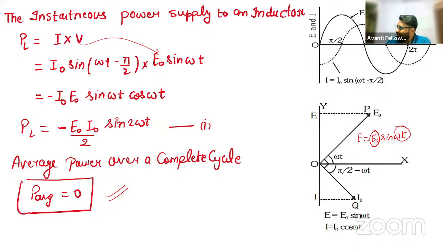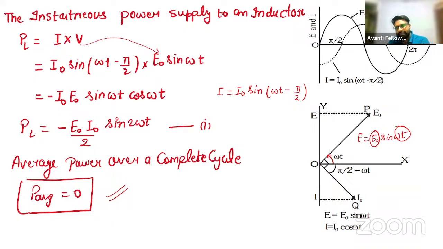Omega t is the angle in the anti-clockwise sense from the positive axis. But we know the expression of current is I equals I naught sine omega t minus pi by 2, which means it is less than omega t.